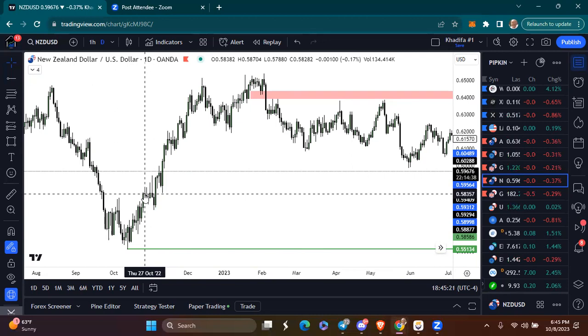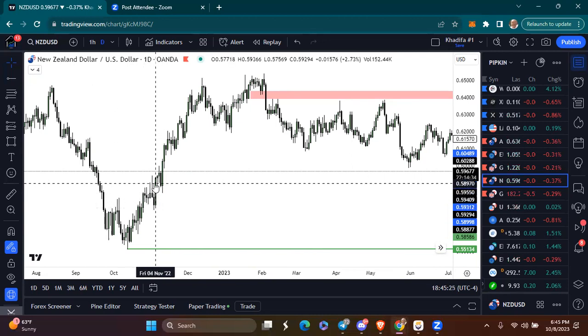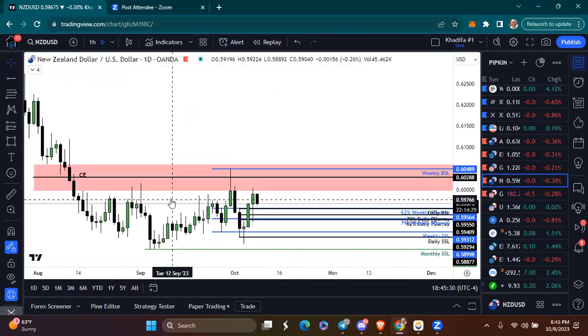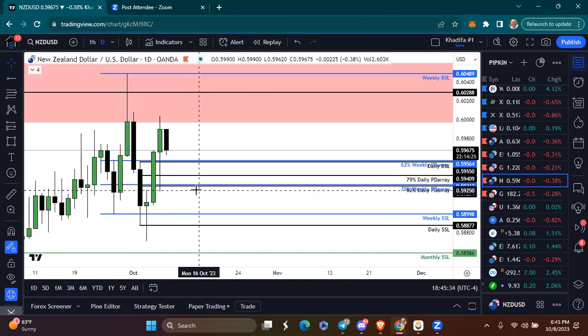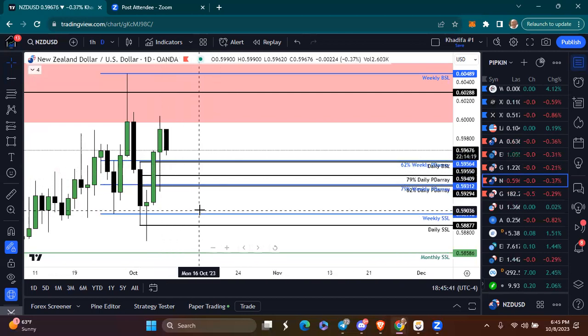I think we never filled it in. No, we never filled that fair value gap in from this VISI. So that would be my point of interest if we broke back through these PD array levels from last week's price action, right?